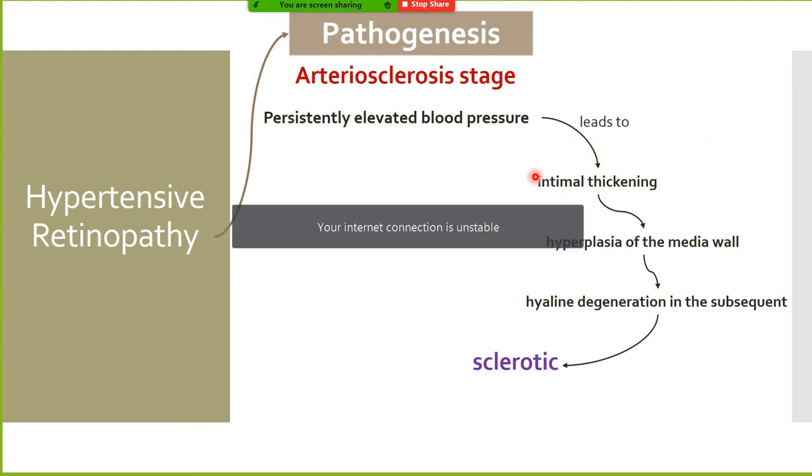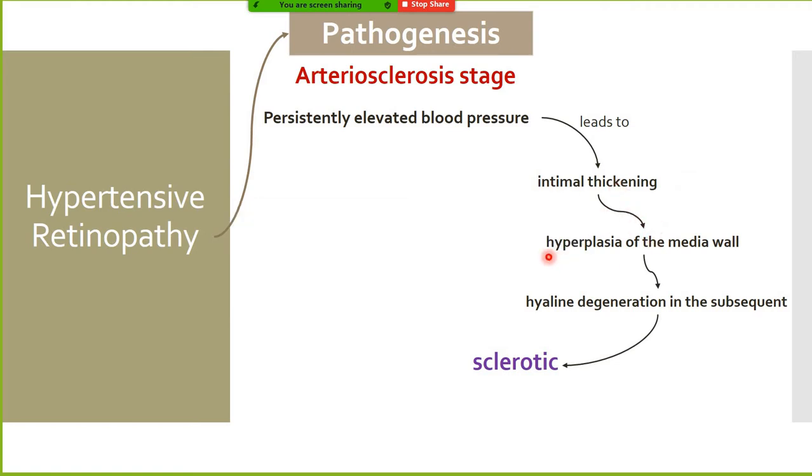How does it thicken? Due to hyperplasia. Hyperplasia is enlargement or thickening of a blood vessel due to higher cell division or cell growth. That is what hyperplasia means.